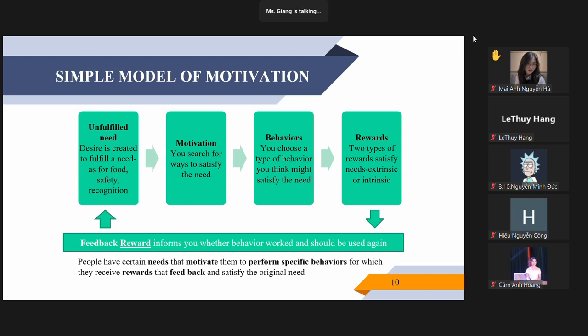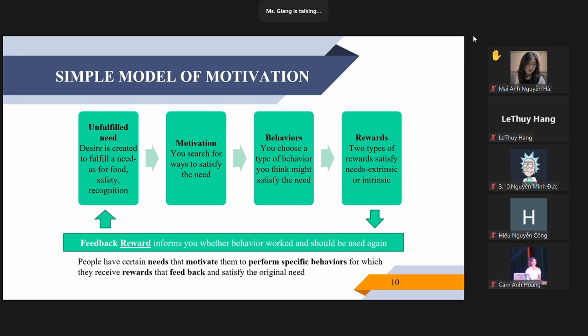What is the feedback? The feedback is the cue that tells you whether the behavior works and should be used again. For example, if I drink water and I find out that it can ease my feeling of hunger, I will use that behavior in the future.